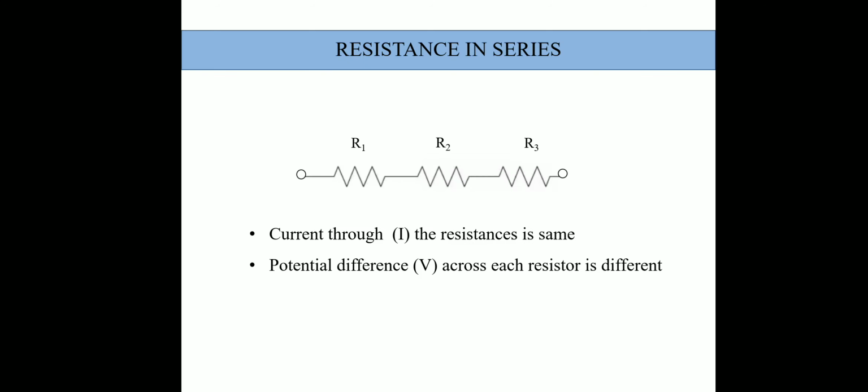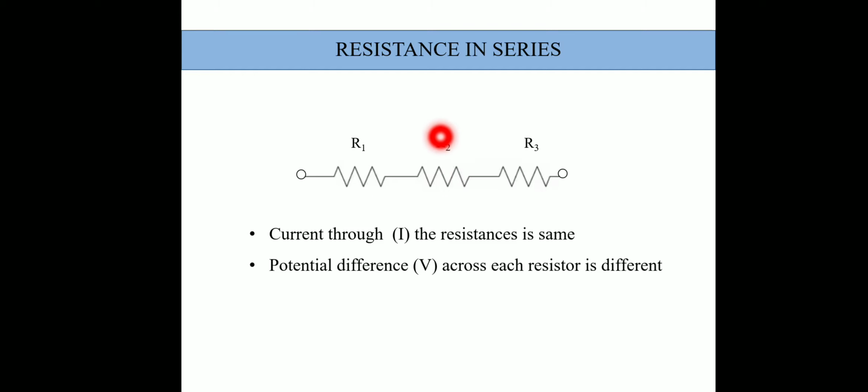Fine. So let's start. In the previous class, we have seen how the resistances are connected in series. As you can see, resistances R1, R2 and R3, these three resistances are connected in series. Just by looking at the diagram, how can we say that the three resistances are in series?